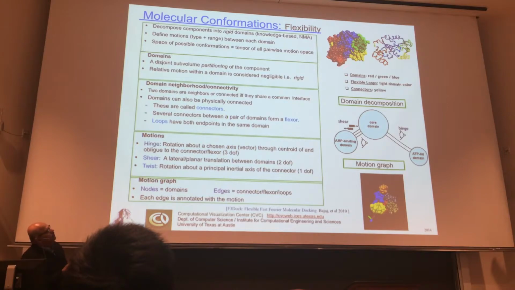So once you've identified these domains, you go back and say, what is the interdomain motion that is feasible? And we call that a motion graph. So like in this molecule, there's a core domain, there's something called an AMP binding domain, and then there's a lid domain over here. And so we work out the possible motions between these domains, encode them based on their interfaces, and come up with different types of either translation or shear or twisting or rotational.